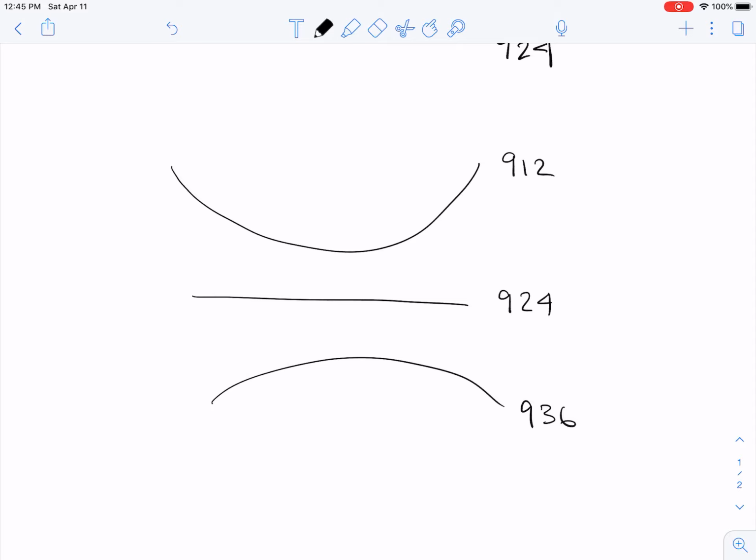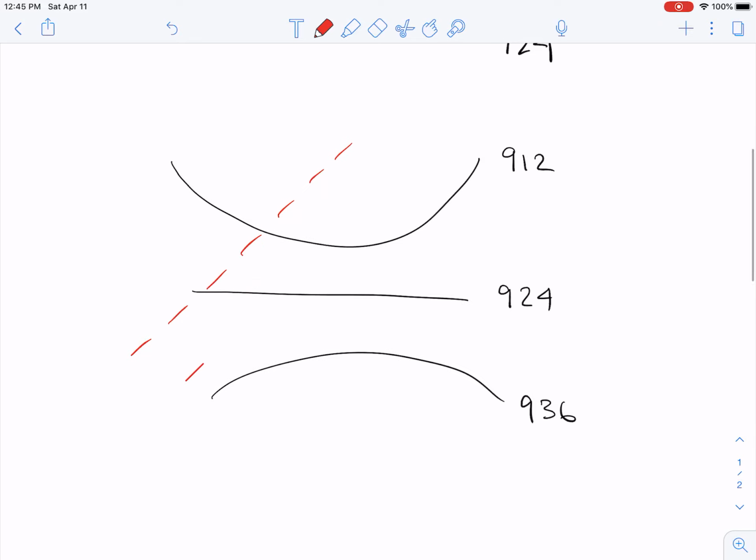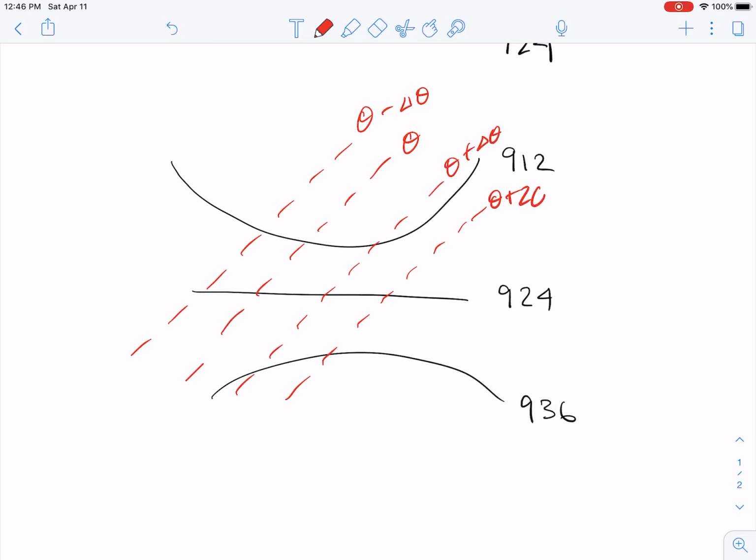But now let's draw in some isentropes that are oriented at a 45-degree angle that would demonstrate cold air advection along our jet core. And so we'll go ahead and draw in a few isentropes here to demonstrate this phenomenon. If this is cold air advection, this might be theta, this would be theta minus delta theta, theta plus delta theta, and theta plus 2 delta theta.